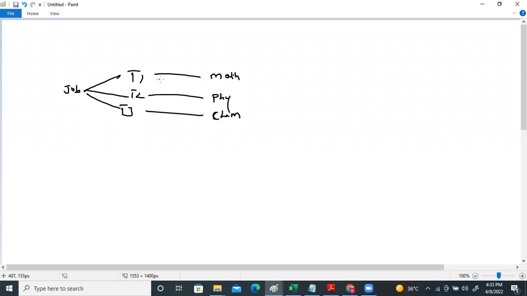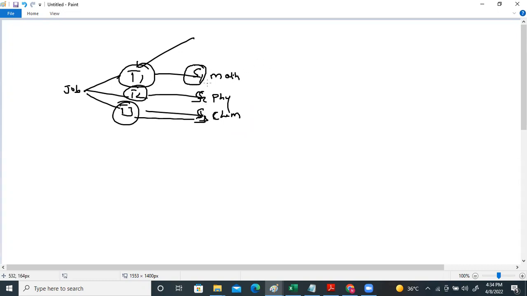So T1 is a mathematical task, T2 is physics, and T3 is chemistry. T1 I need to assign to this student only, because the task is related to mathematics. There is no other choice. T2 I need to assign to S2 only. T3 also to S3.